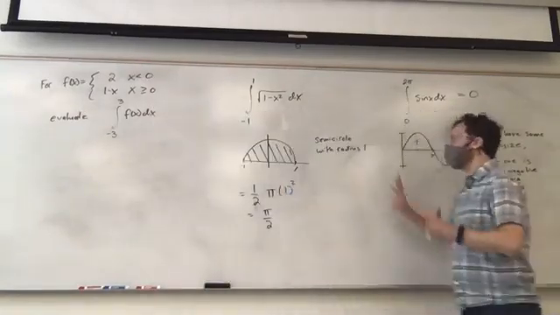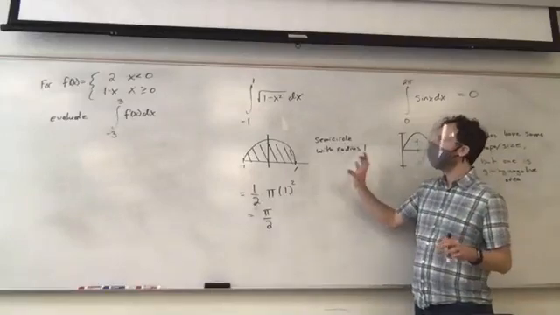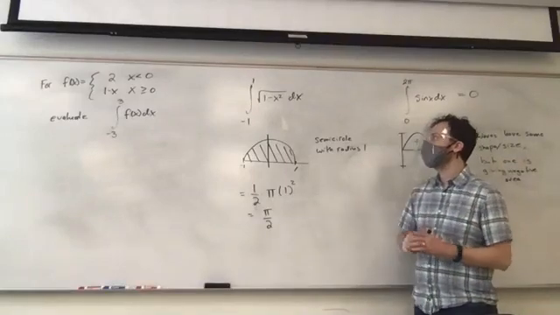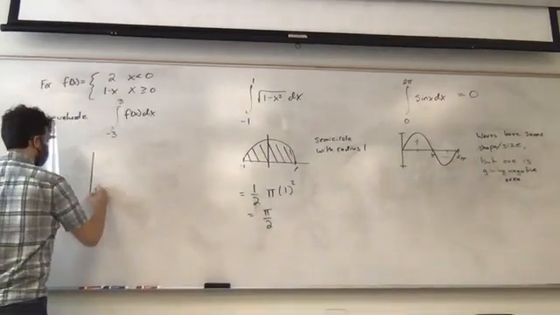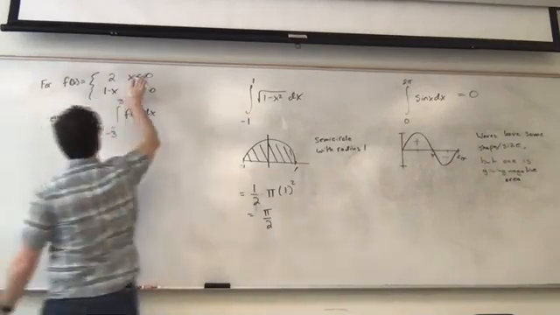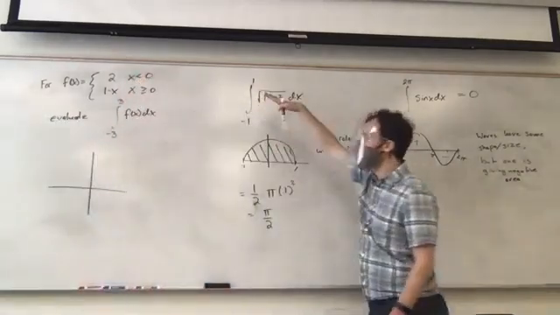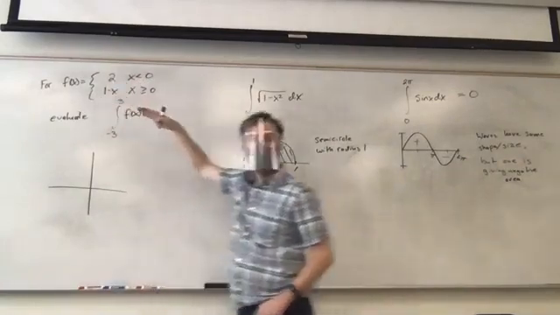So keeping in the pattern so far, that means draw this picture and figure out what areas we need to compute. So this is a piecewise function. To the left of 0, it's up at 2. So to the left of 0, we have a horizontal line at height 2.